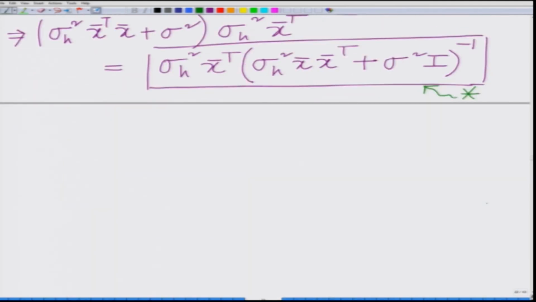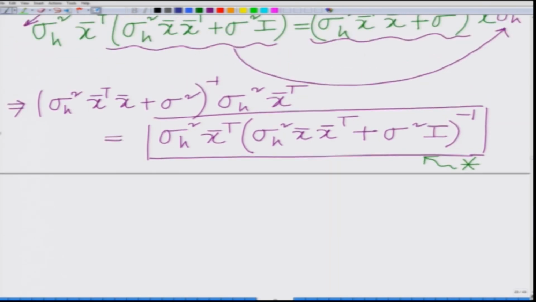Therefore, we can write the MMSE estimate h hat equivalently. Now, before we write the MMSE estimate, we will do one more simplification. Notice that this quantity sigma h square x bar transpose x bar plus sigma square is a scalar quantity. Notice that this is a scalar, correct.